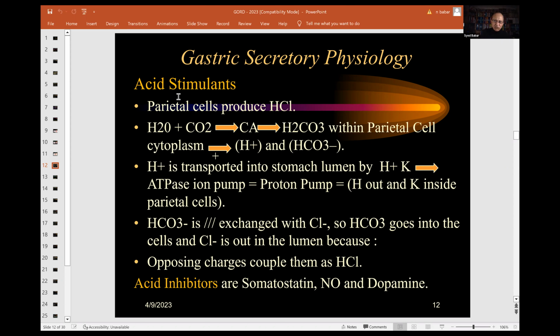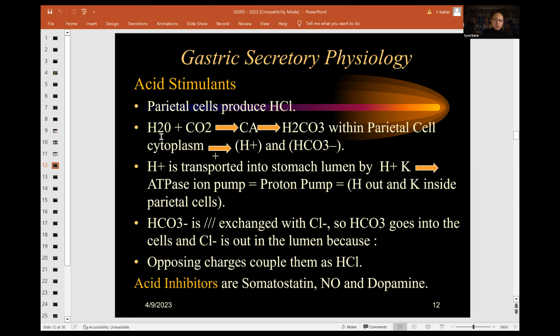So the parietal or the oxyntic cells are mainly present in the fundus, but they can be present in other parts of the body of the stomach as well. They produce hydrochloric acid. So how do they do that? In the parietal cells there is always a degree of water, H2O, and carbon dioxide, which is present through vascular methods.